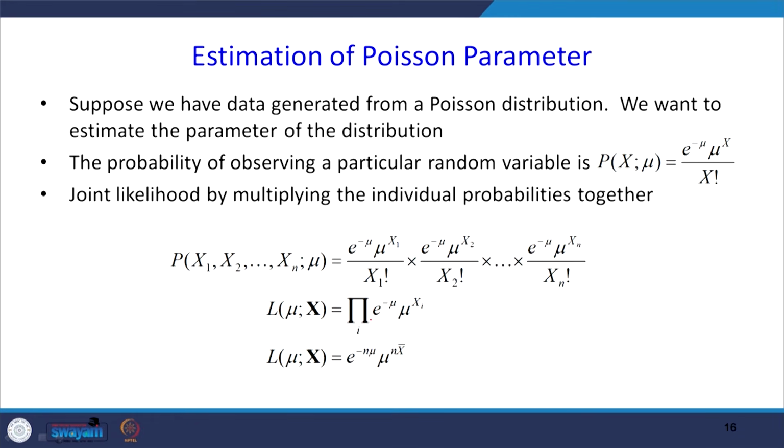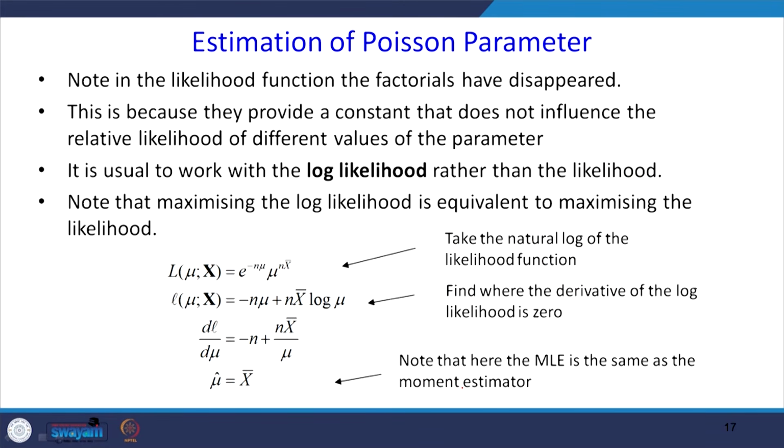So, this can be written as a product of e power minus mu, mu power xi, because it is a product, there are n terms. If you expand it, it is e power minus n mu, because it will come up n times, and mu to the power n x bar. Next we have to take the log of this, we will see that.